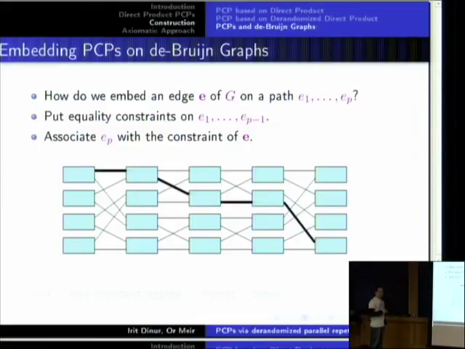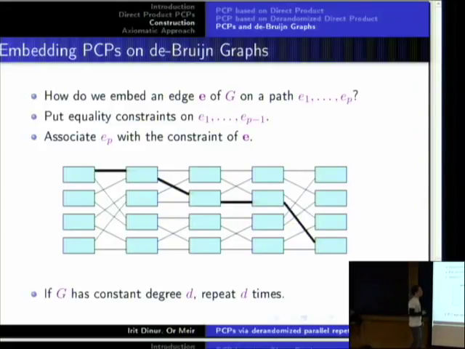And the last thing. You can have, I mean, two of the paths from the different parts can overlap. Yes. So now I will use the same edge in the de-Bruijn graph to embed two distinct edges in the original graph. But at least as long as this is a constant number, this construction can still go through.